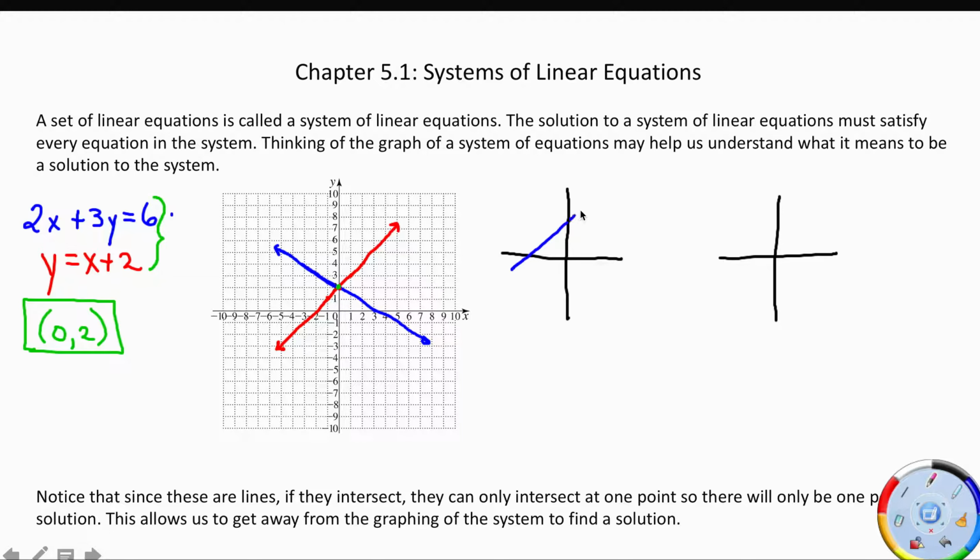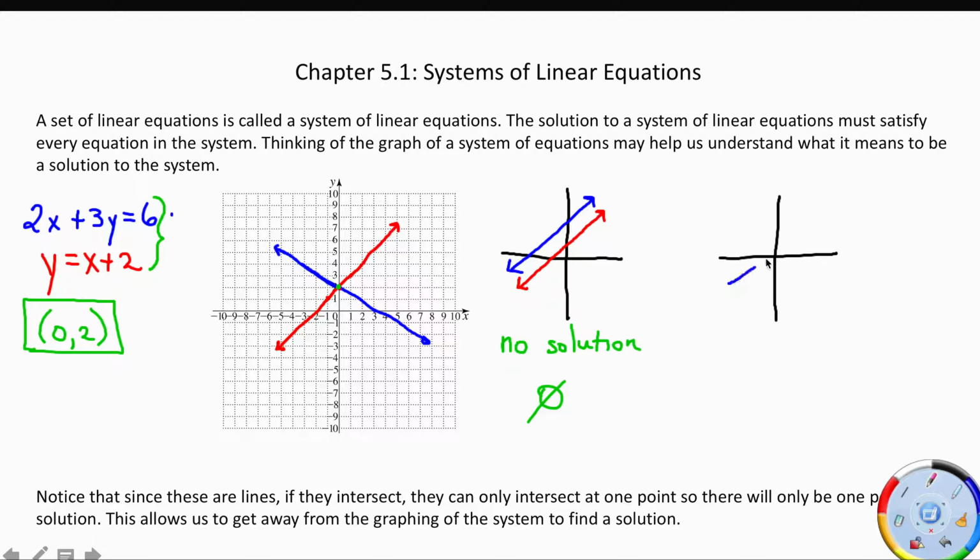Or another thing that could happen when I graph my lines is that I find out that they're actually parallel lines, meaning they never intersect, meaning there is no solution. There is not an x, y value that would satisfy both equations. No solution to that system.